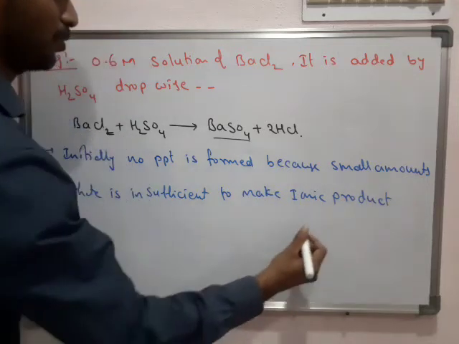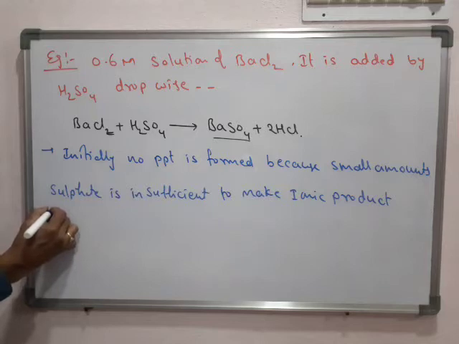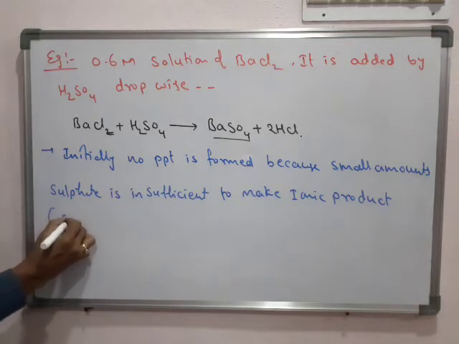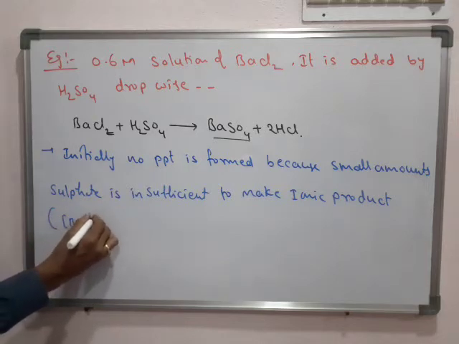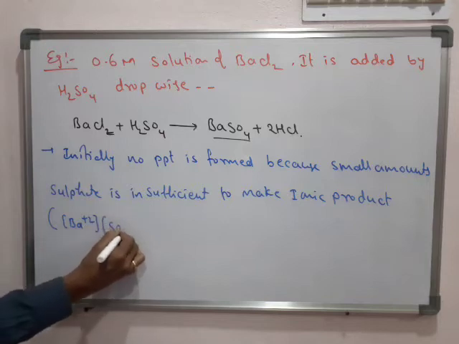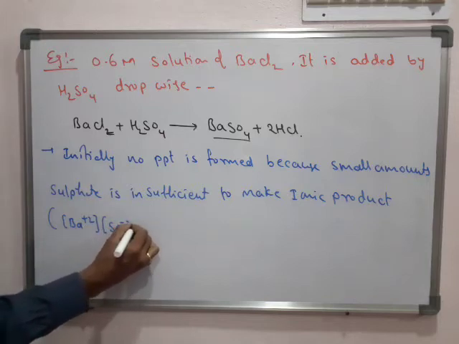So what is the ionic product here? The ionic product is the Ba2+ concentration into the SO4 2- concentration.